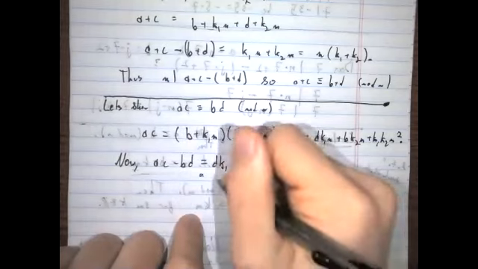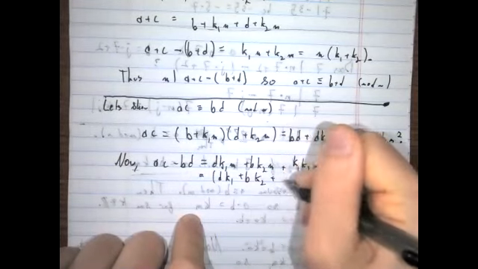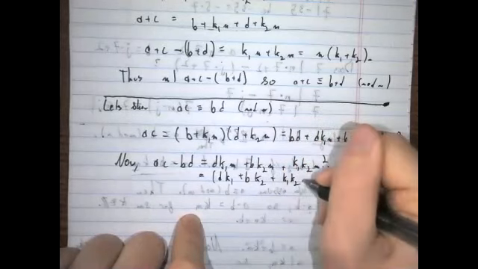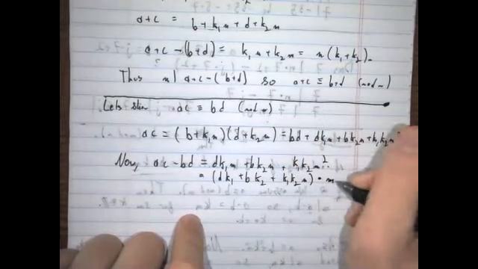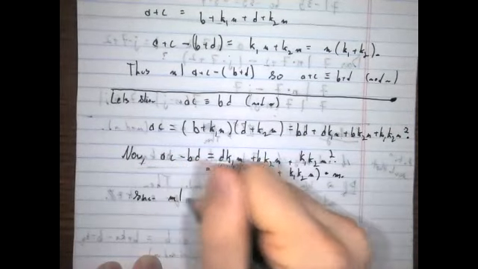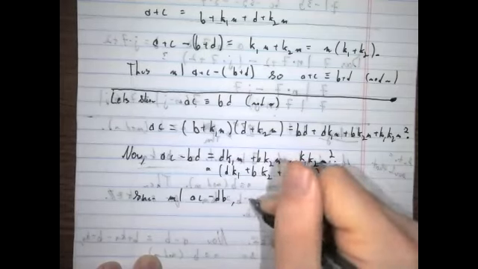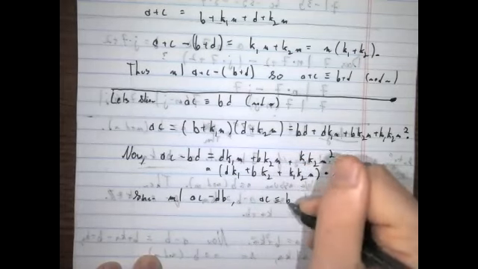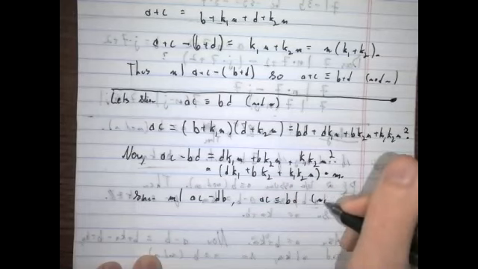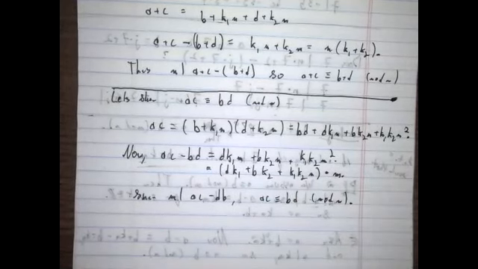This whole thing is equal to d k1 plus b k2 plus k1 k2 m, times m. Since m divides ac minus bd, we see ac is congruent to bd mod m. How are we feeling about this?